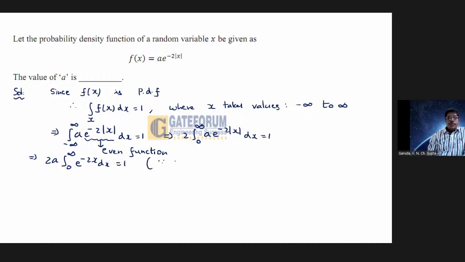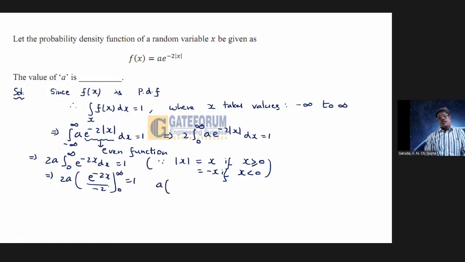Since mod x is equal to x if x is greater than or equal to 0, and equal to minus x if x is less than 0. So 2A, integration of e power ax is e power ax divided by the coefficient a, between the limits 0 to infinity, is equal to 1. 2 cancel.